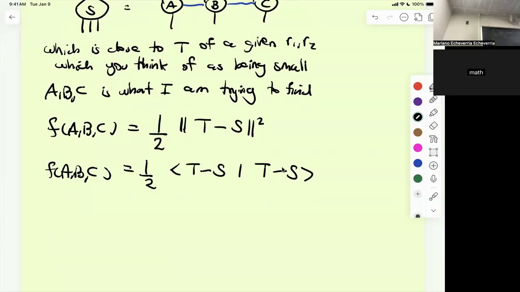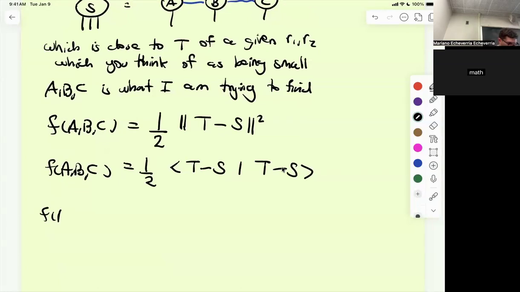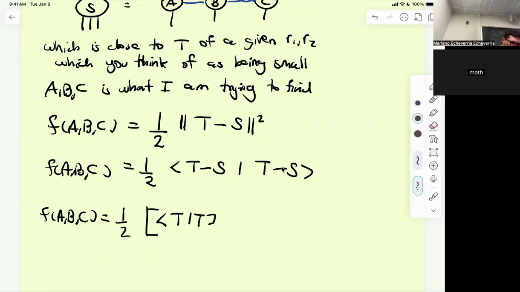Now, this computation is very similar to the one I was doing last week, because again, this is a dot product, a bilinear product. So you distribute just as before. Okay, so that gives you T with T. Oh my God, my brackets are the worst.